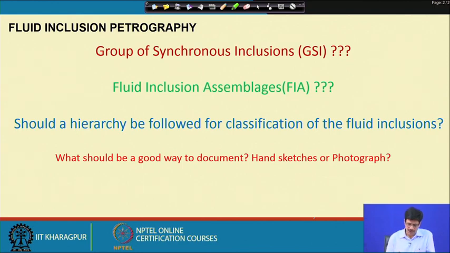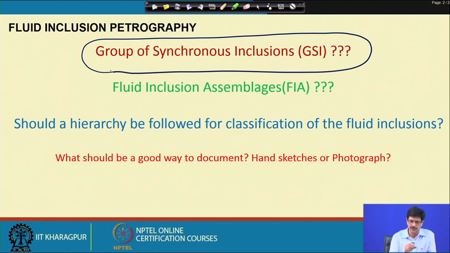There was a concept given by Jacques Touré, as a group of synchronous inclusions. As we all know, inclusions which we see in a 300 micron thick fluid inclusion section get focused at different depths, in terms of tens of microns, when we lower or raise the microscope stage.